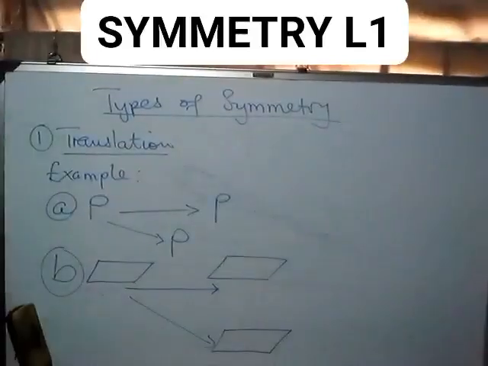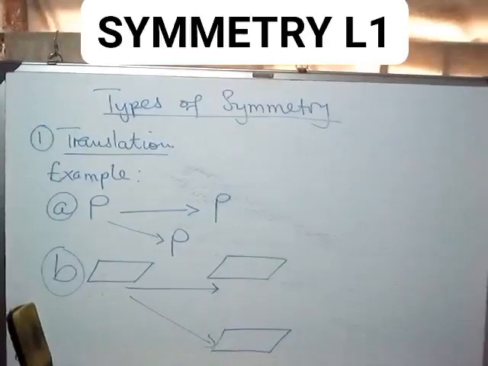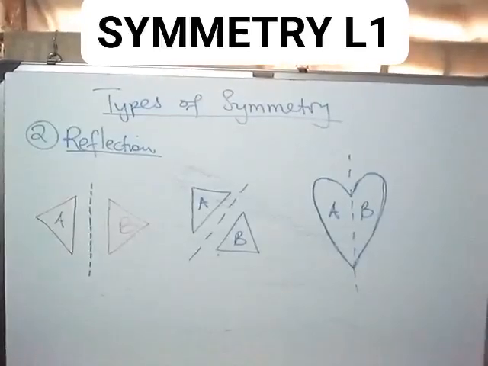Let's go to the other type of symmetry, which is known as reflection. The second one we have is reflection, which we have mentioned already. The notes are: to reflect a shape or object about a line is like placing a mirror on the line and seeing the shape reflected in the mirror.